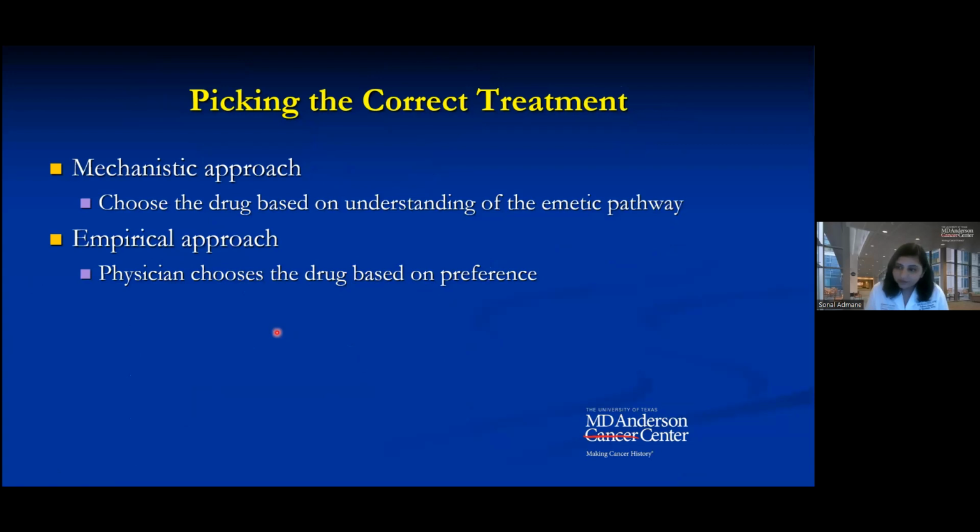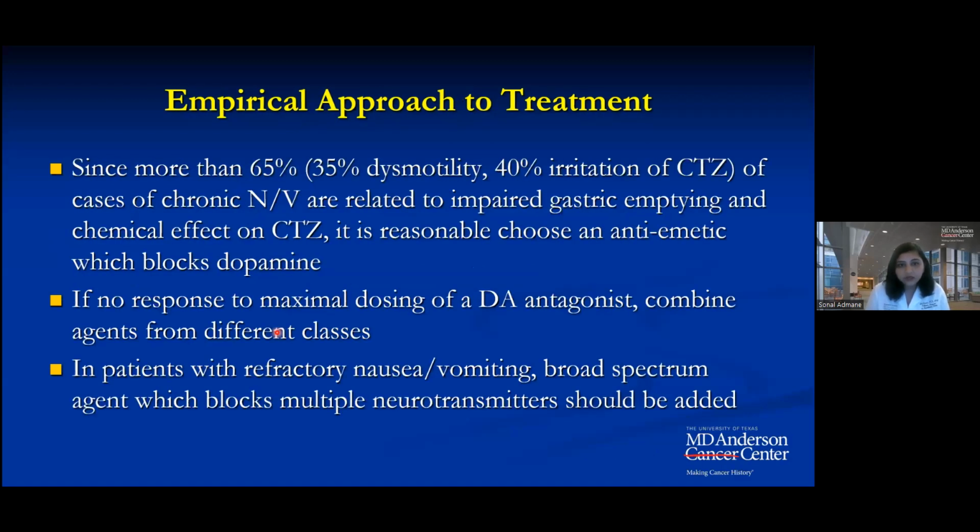The other is the empirical approach, in which the physician chooses the drug based on their preference and anecdotal evidence, and how the drugs work in their patient population. For our practice, we really prefer the mechanistic approach. The empirical approach is not wrong, because, as you heard from Dr. Salins, we're using the same old medications. So if you choose a combination of medication, they are likely to work.